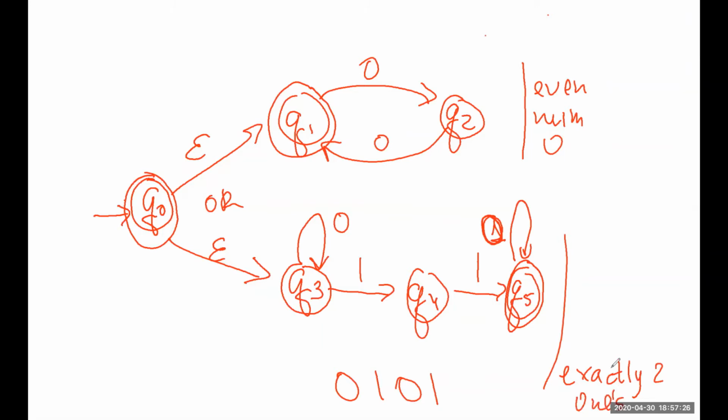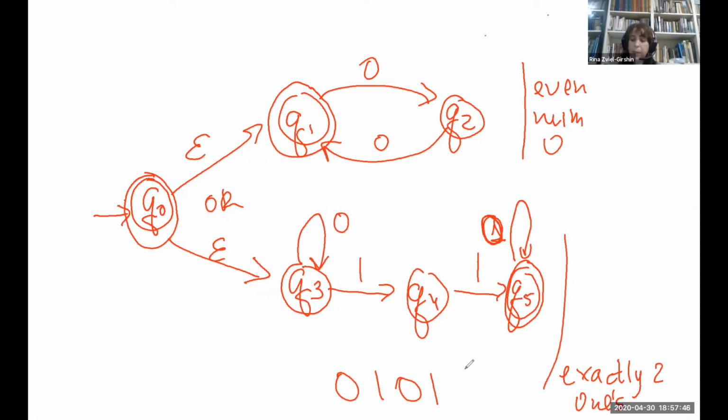Oh, and then you combine them. And then I combine it with an epsilon transition because it's the easiest way. We will talk later about whether Q0 should be an accepting state, or if it wasn't an accepting state, would it be any problem. We will discuss it in a moment.